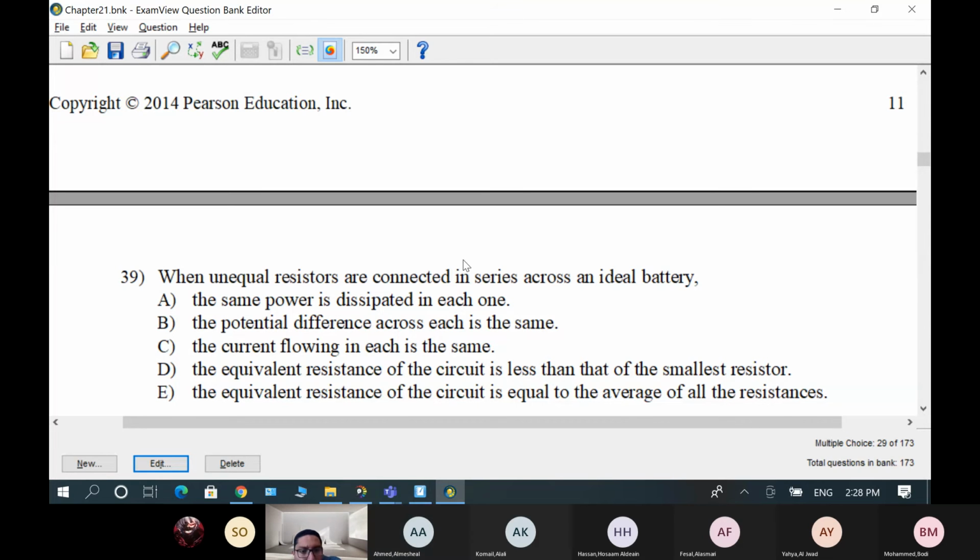So what's the answer for this? If you have more than one unequal resistors connected in series, what's right here?